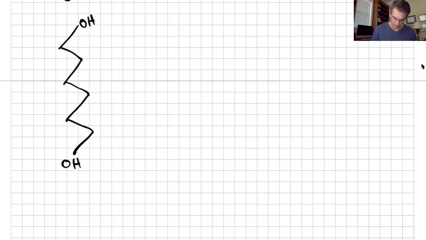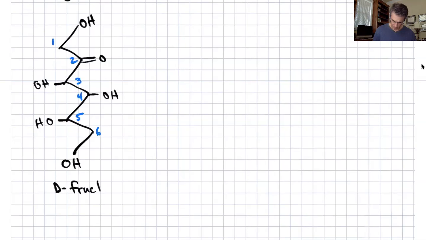And labeling as we did before, there's 1, 2, 3, 4, 5, 6. Those are 6 carbons. But now we've moved that carbonyl over 1. So we now have D-fructose, or that ketose sugar.